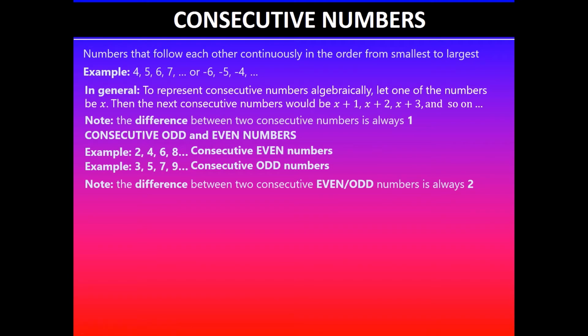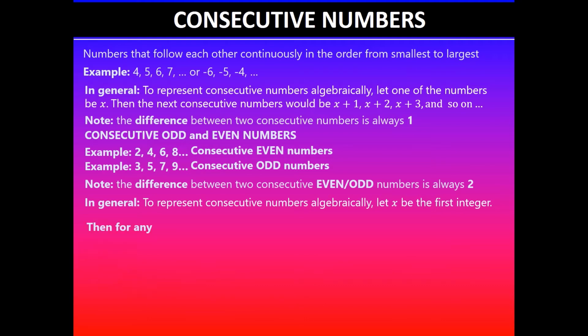So using this logic, we can get the general form for consecutive odd and even numbers. So to represent consecutive numbers algebraically, let x be the first integer. Then for any two consecutive even numbers, we can use x as the first integer.